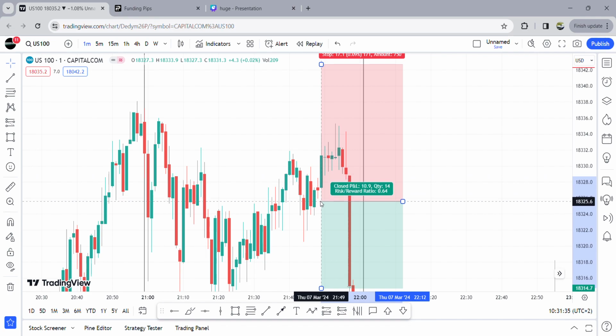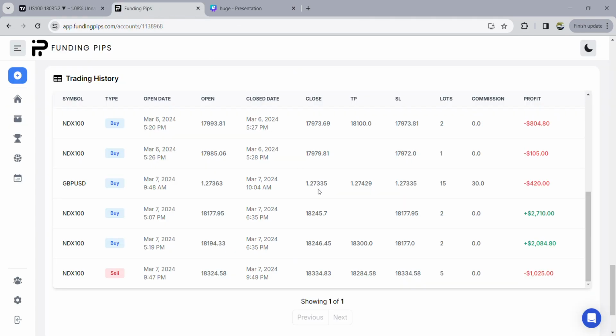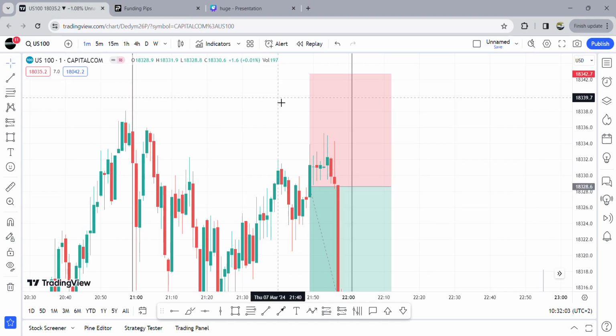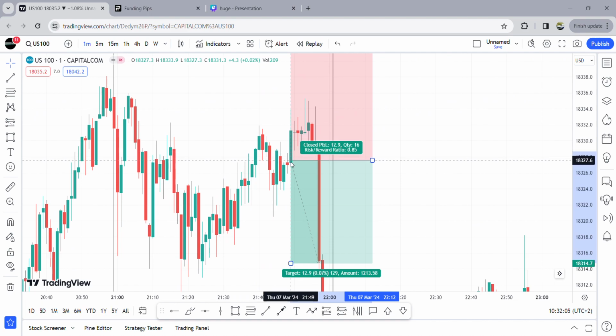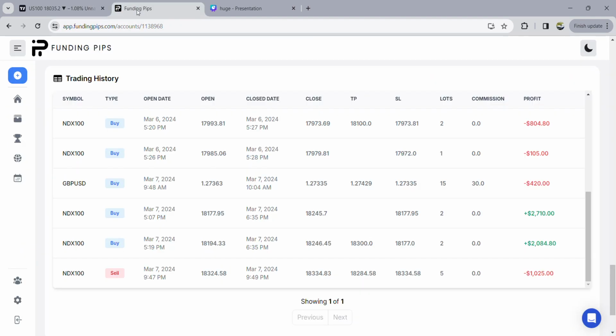It was at the low of this candle, and I will look at the stop. My stop loss was 334. So I actually entered much lower. So I probably entered here. Yeah, I entered there, and my stop was 10.